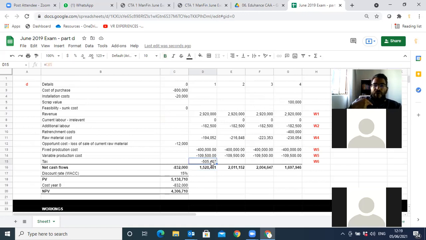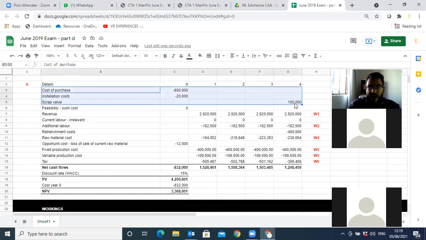So when you work out the tax, you take taxable income, multiply by 25%, but make sure that you say negative taxable income times 25%, and you already get the correct sign. And then you drag this across. You'll obviously change this number. The number is not 100% correct because I didn't factor in these tax rules over here. You know the tax rules for that, so you can implement that.